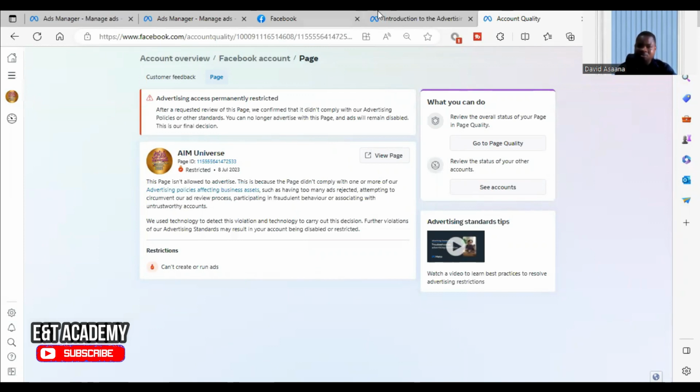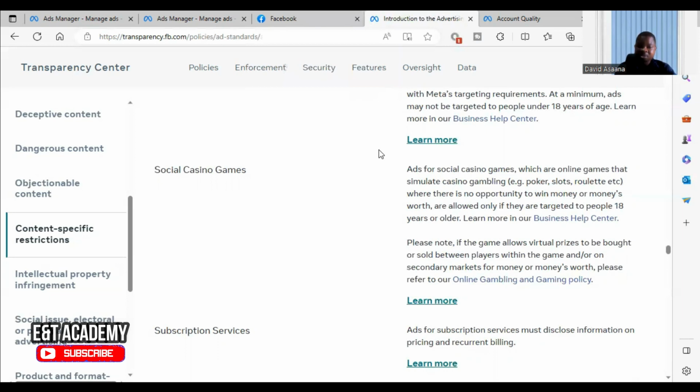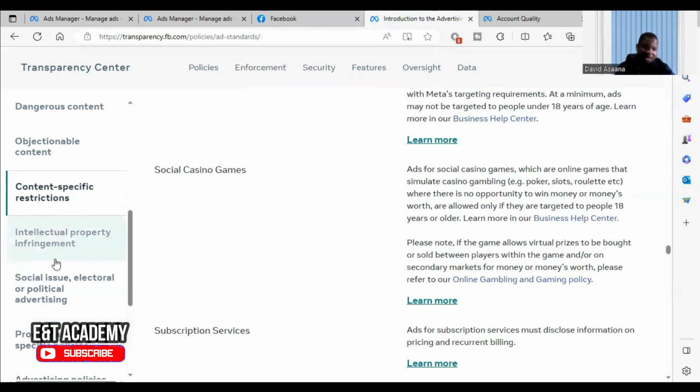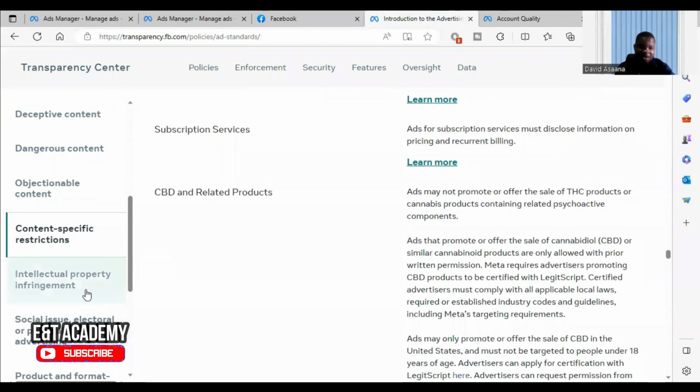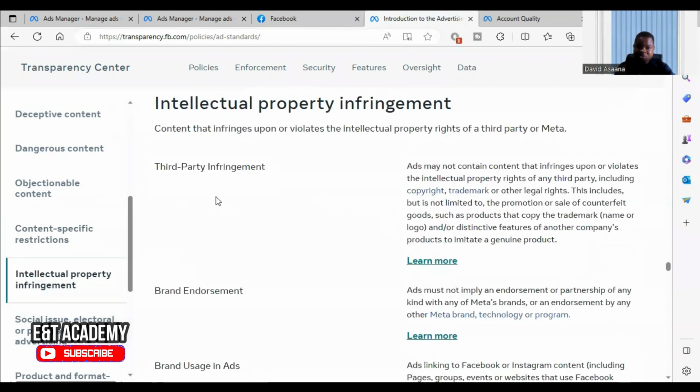There is another one that I forgot to talk about. That is third-party infringement, a policy about intellectual property. For example, if you are selling goods bought from China, most of them are usually fake if they are branded products. If you are selling Adidas shoes, Nike shoes, Louis Vuitton shoes from China, 90% of those branded products are fake.